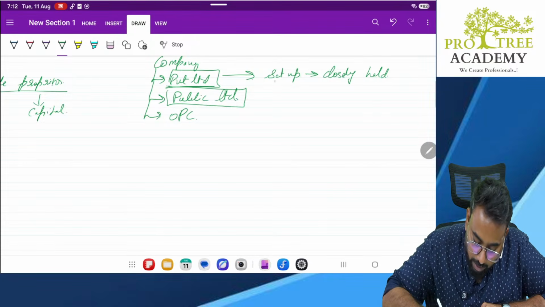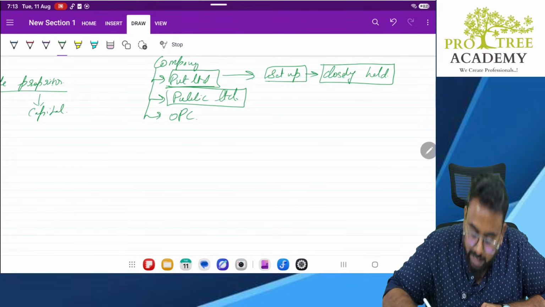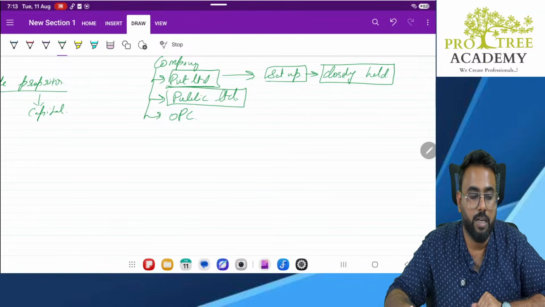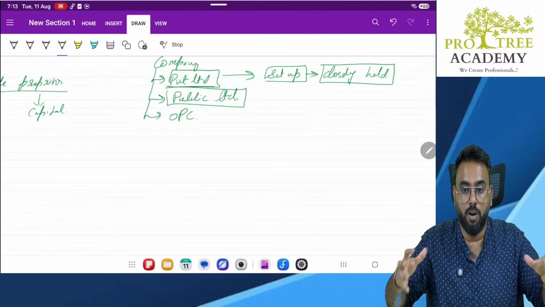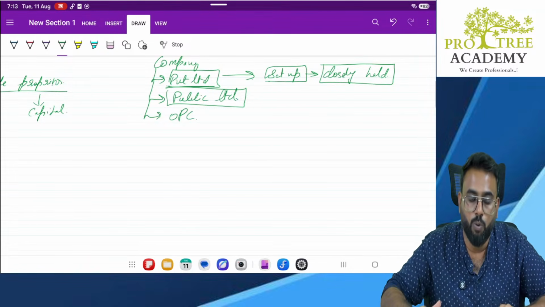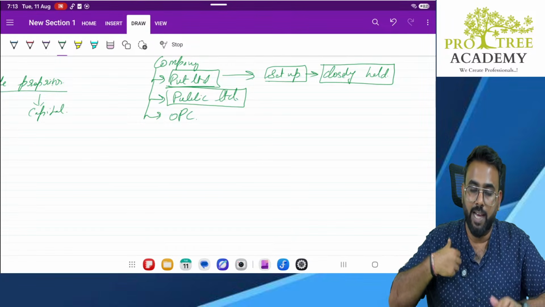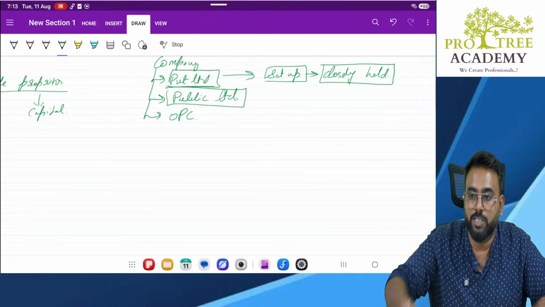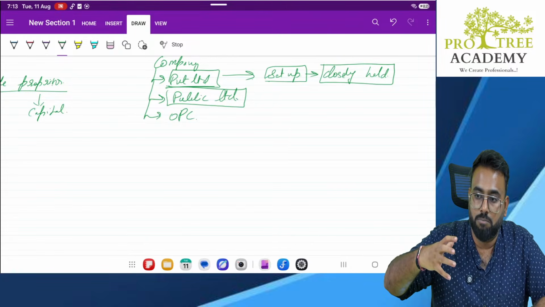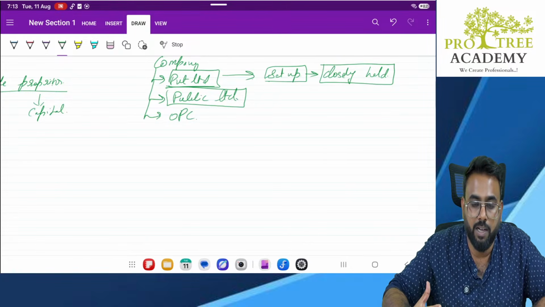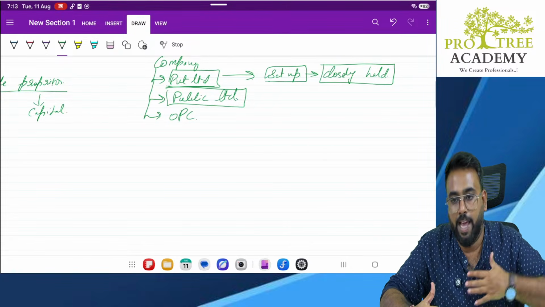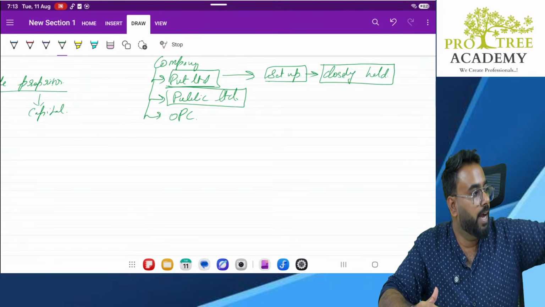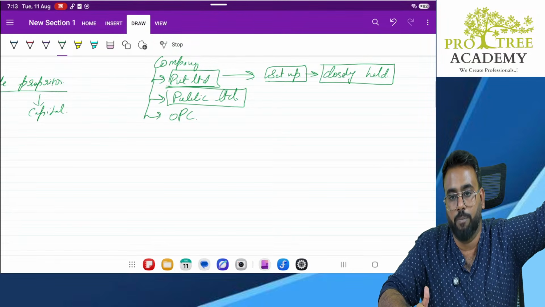A private limited company has a setup where it is closely held. Closely held means the people who are owners of the company know one another in some way or other. It is not that I will be a shareholder and Ratan Tata is also an owner of the company.